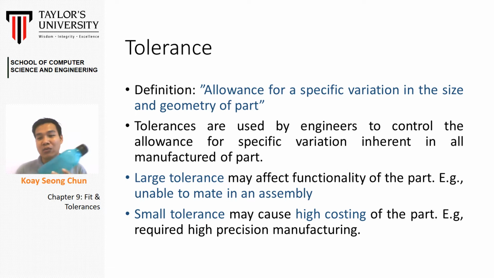I need the bottle to be 30 cm, but the manufacturer may give me a length of 30.05, or 30.01, or maybe 30.1, or maybe 29.95. So is the size acceptable or not?